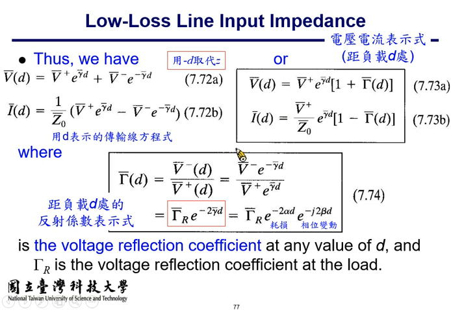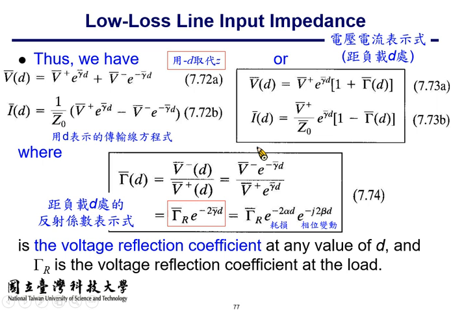And for the current part, it is V plus over Z sub 0 times exponential gamma D times 1 minus gamma D. Okay, and down below is the definition for the reflection coefficient at a position D. Note that it can be translated from the reflection coefficient at the termination, which is gamma R, the ratio of V minus over V plus.